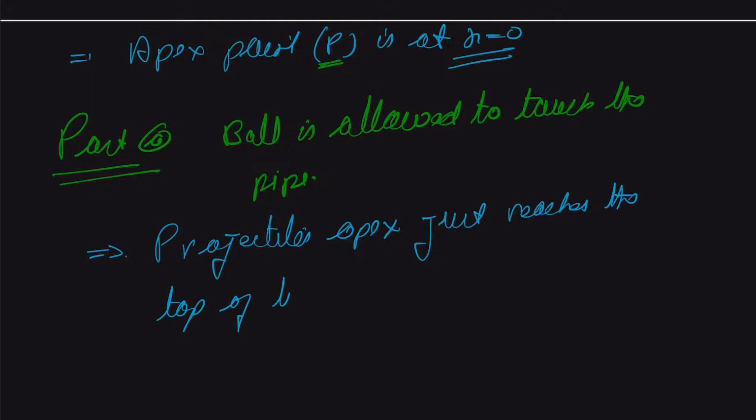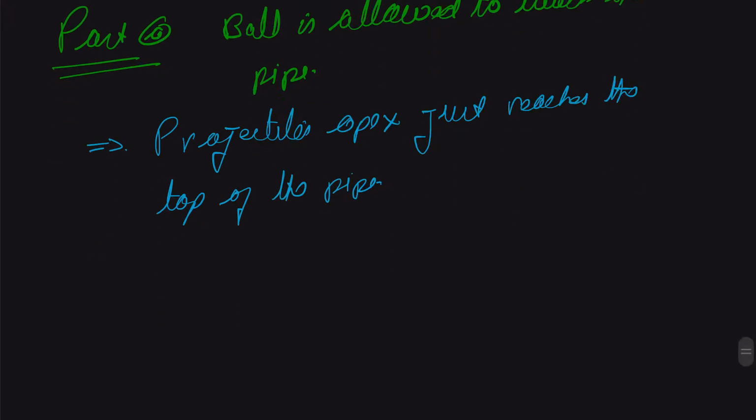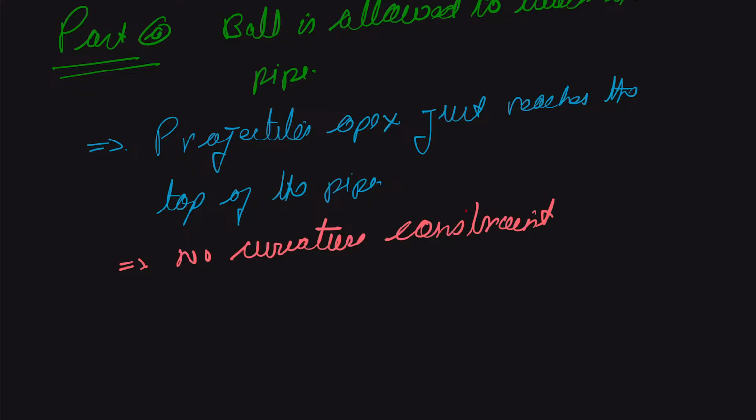Top of the pipe is our point P. And the second point, which is the concept we are going to use in part B, but I'm going to mention here: no curvature constraint is needed, because the projectile motion will be entirely in a straight line in the vertical direction.